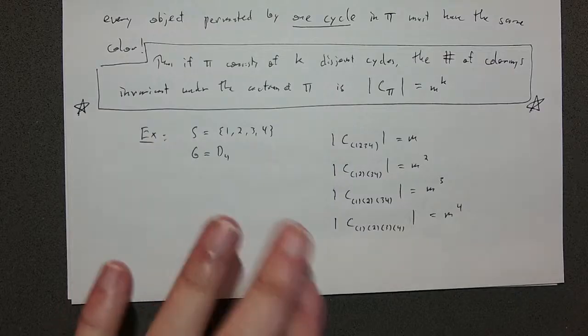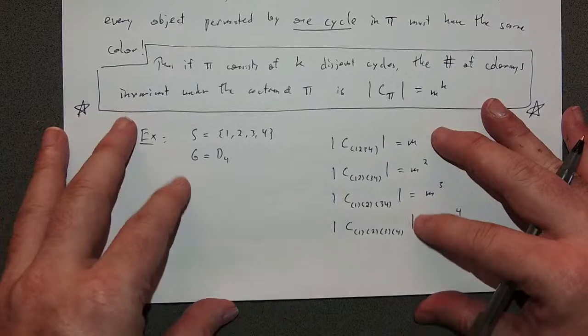Okay, I'm going to give a definition of a single thing, and then we'll be done for today, and we'll finish up tomorrow with this stuff. So this is the cycle index.